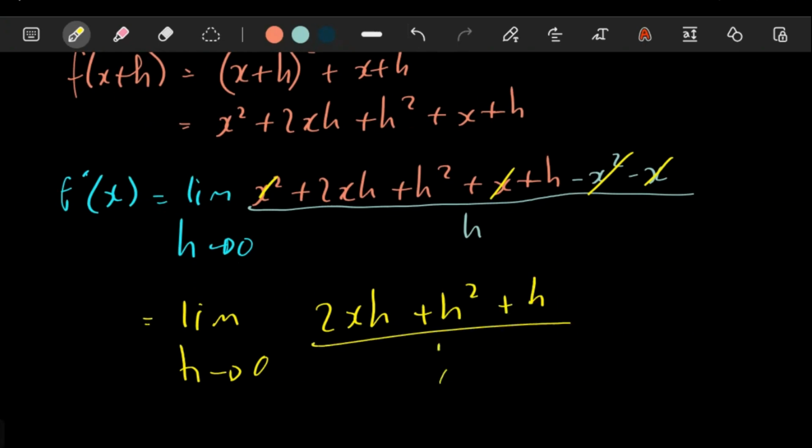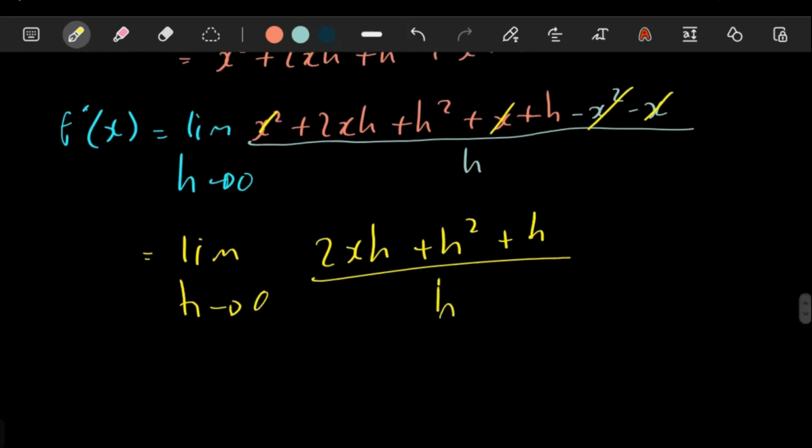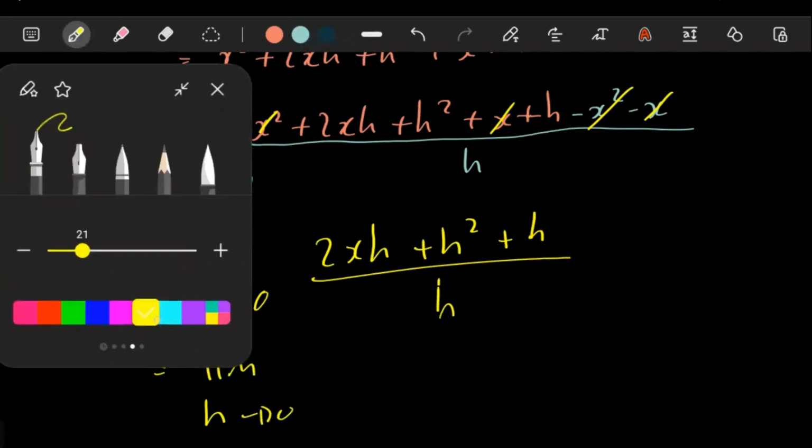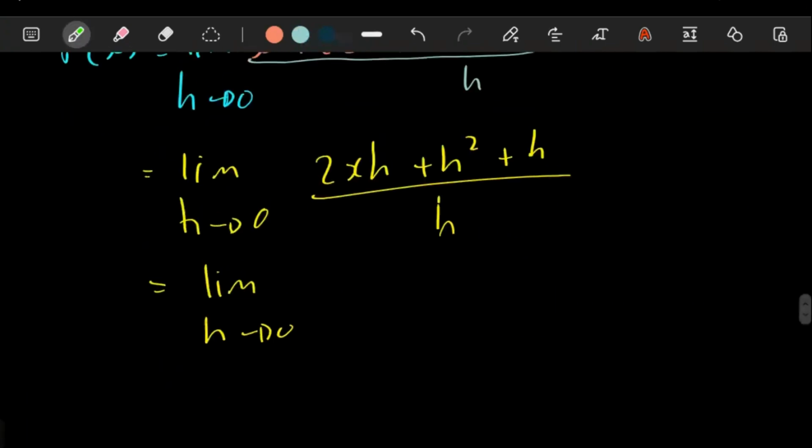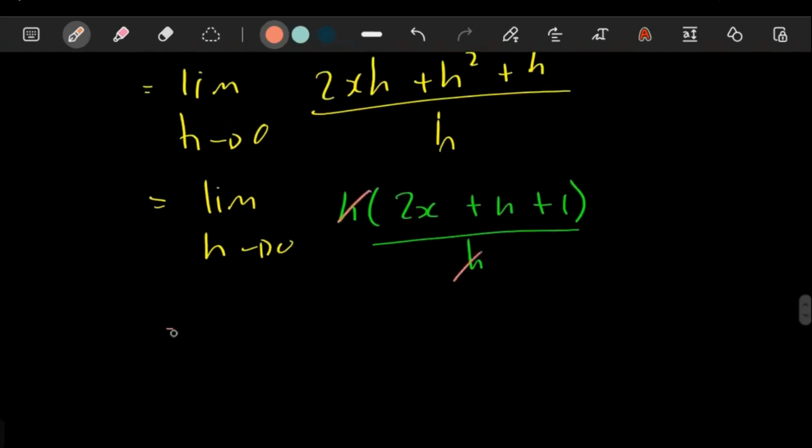The good news here is you can now take out h as a common factor. You can take out h at the top, and you can take out h at the bottom. So you take out h at the top, which gives you 2x plus h plus 1, the whole thing over h. The top one and the bottom one cancel out.